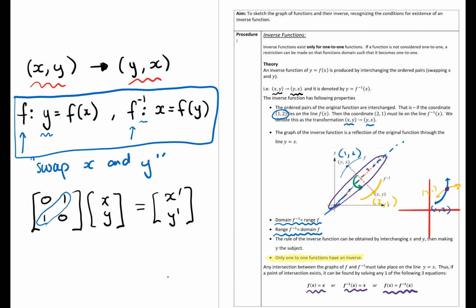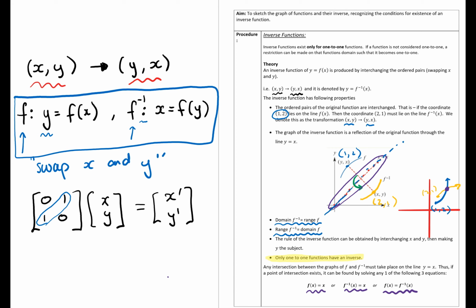And the range of the inverse is just the domain of the first. So because we're swapping x and y, we're also swapping domains and ranges. Finally, only one-to-one functions can have an inverse. So that's a really important restriction to make. And so if you are trying to find the inverse graph, you may have to restrict it first.